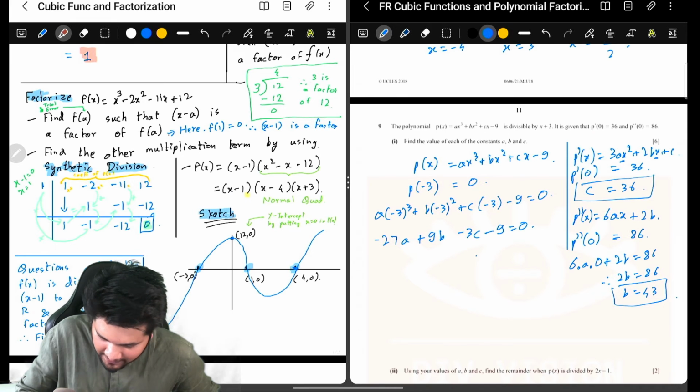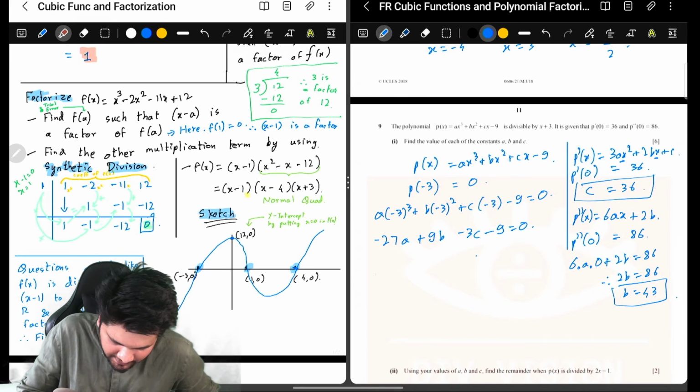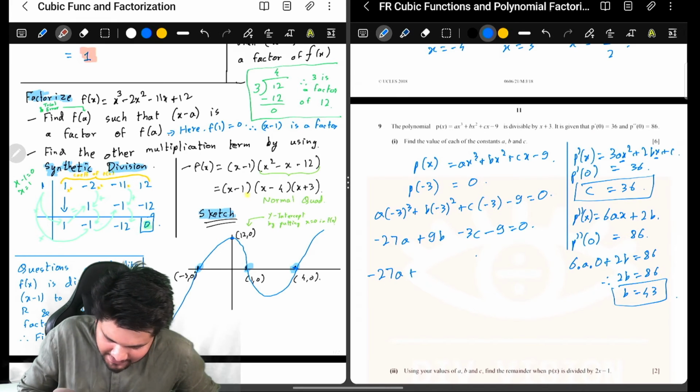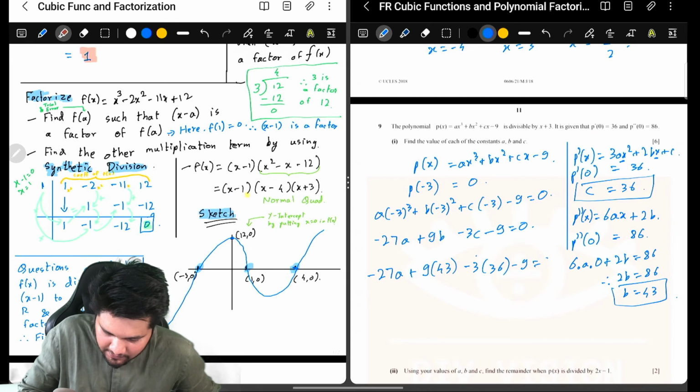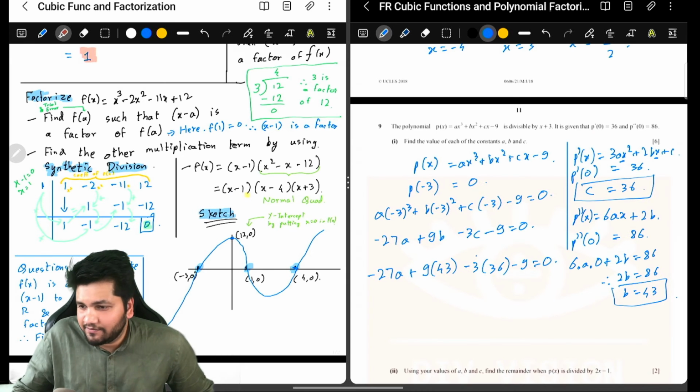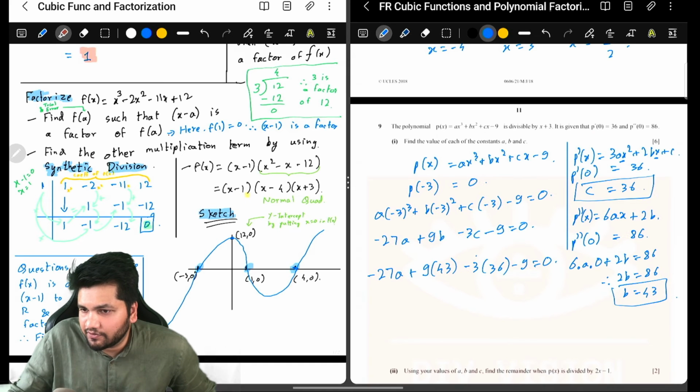We know b's value as well, which is 43. We'll just put it here. We'll get minus 27a plus 9 times 43 minus 3 times 36 minus 9 is equal to 0. Finally, we'll just solve this equation and we'll get the value of a.